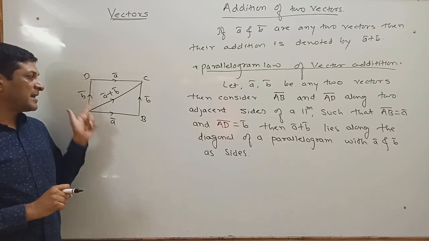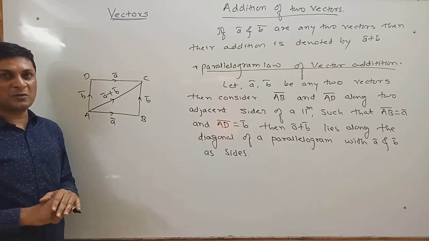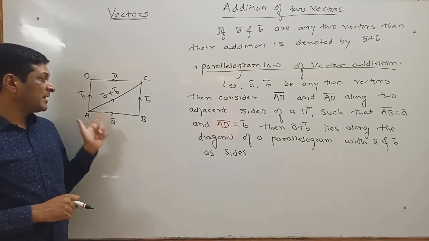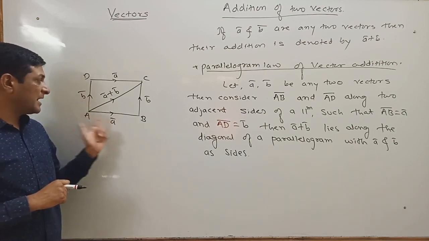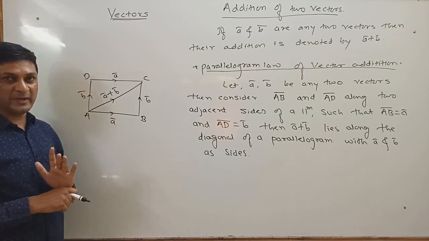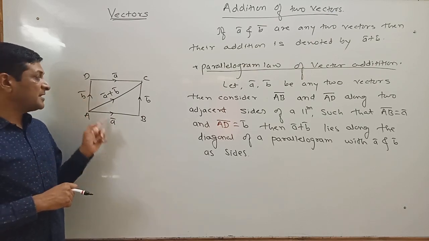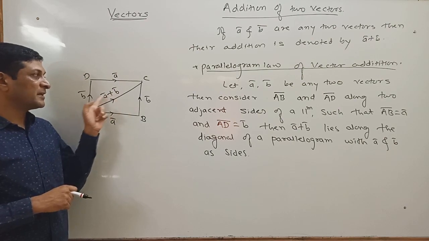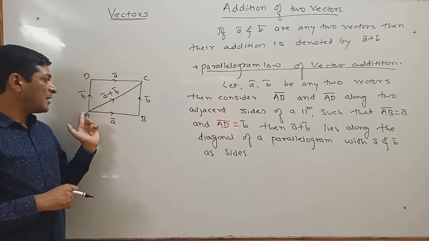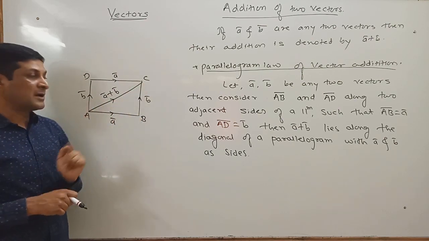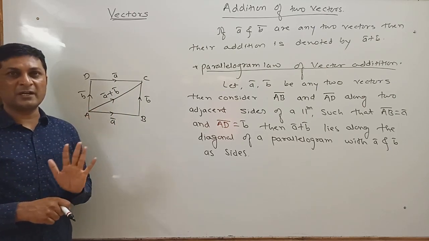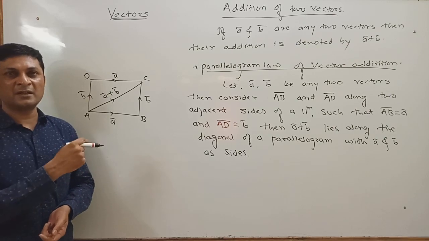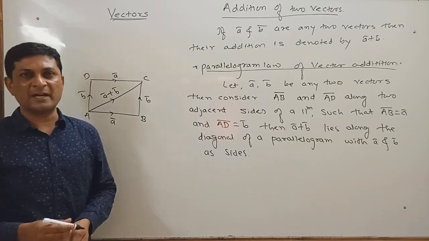If A bar and B bar represent two adjacent sides of a parallelogram, means A bar and B bar are co-initial vectors, at that time their addition will be equal to the third vector A bar plus B bar along the diagonal of this parallelogram through the same initial point. And this is the result which we get from the parallelogram law of vector addition.